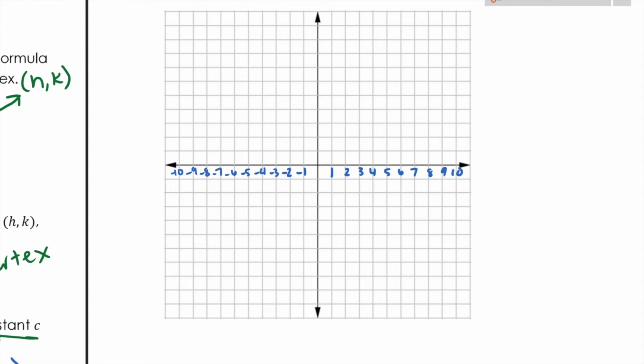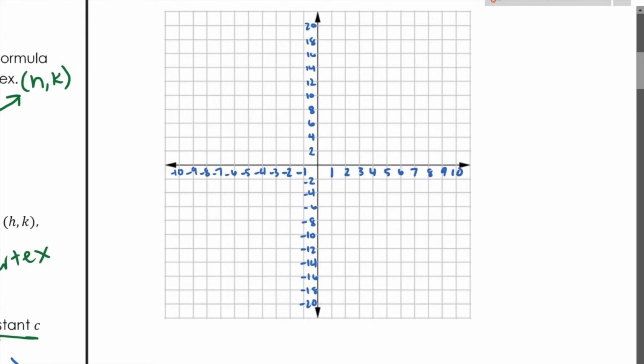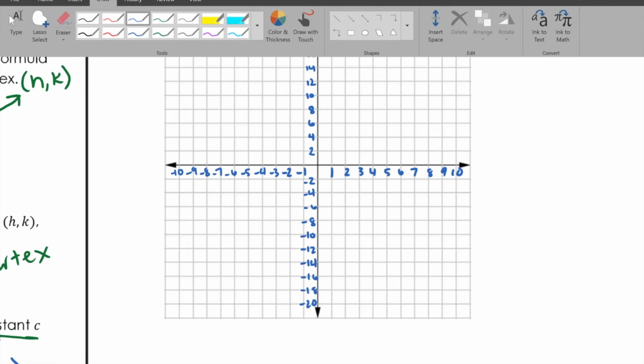I'm going to go up by 2. So I have 2, 4, 6, 8, 10, 12, 14, 16, 18, and 20. And the same thing, just negatives, down to negative 20.